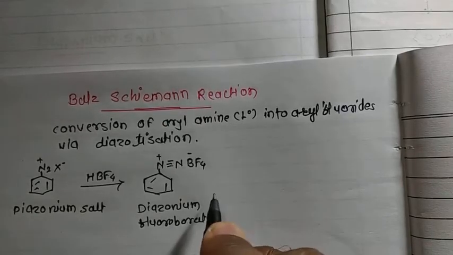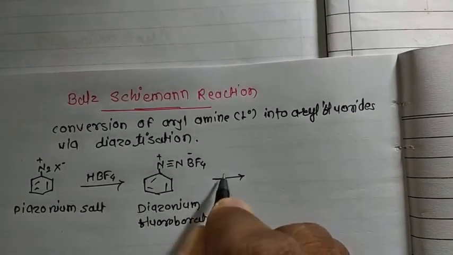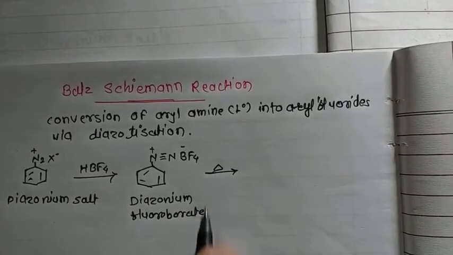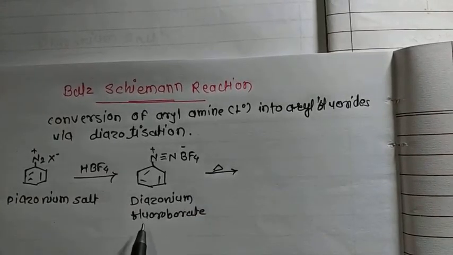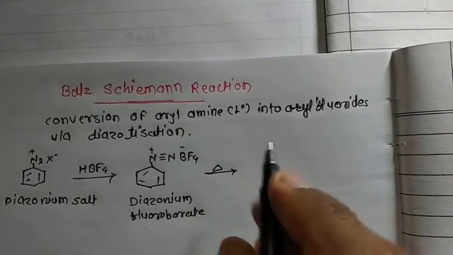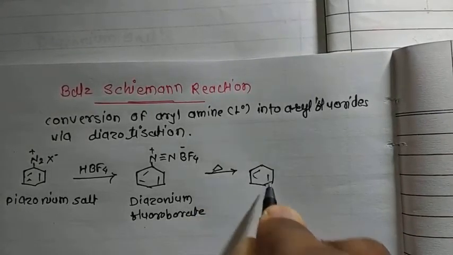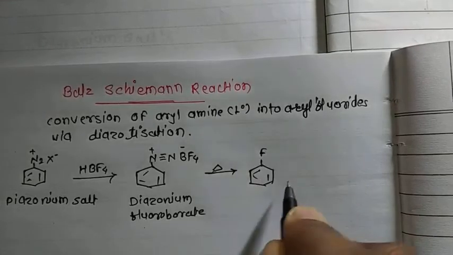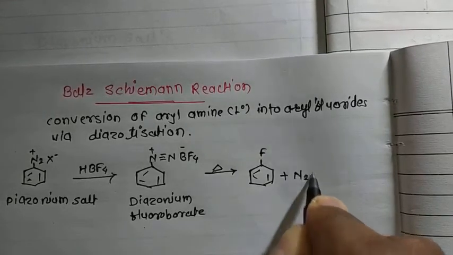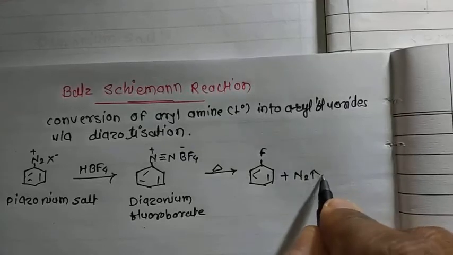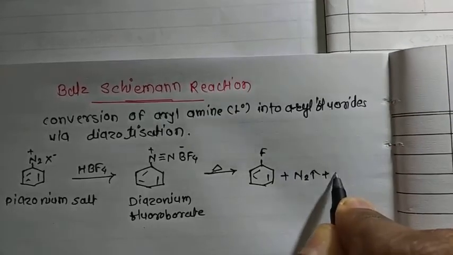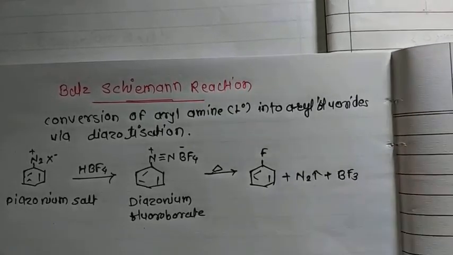This diazonium tetrafluoroborate in the next step on heating gets decomposed. This diazonium fluoroborate on heating gets decomposed, and we get our product, that is fluorobenzene, with the evolution of nitrogen gas and with the byproduct boron trifluoride.